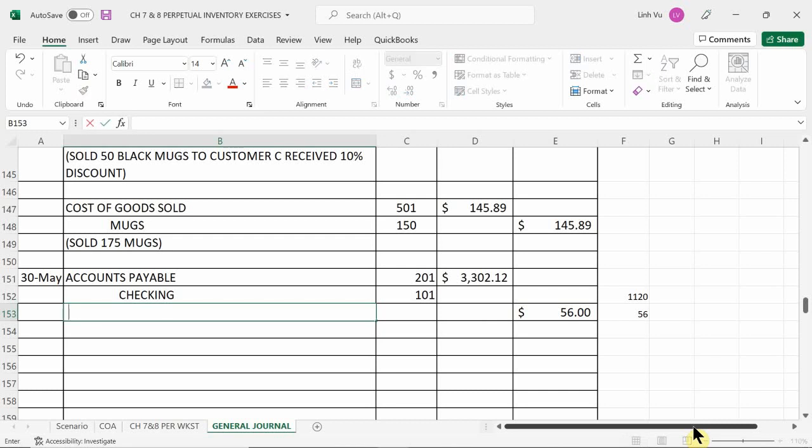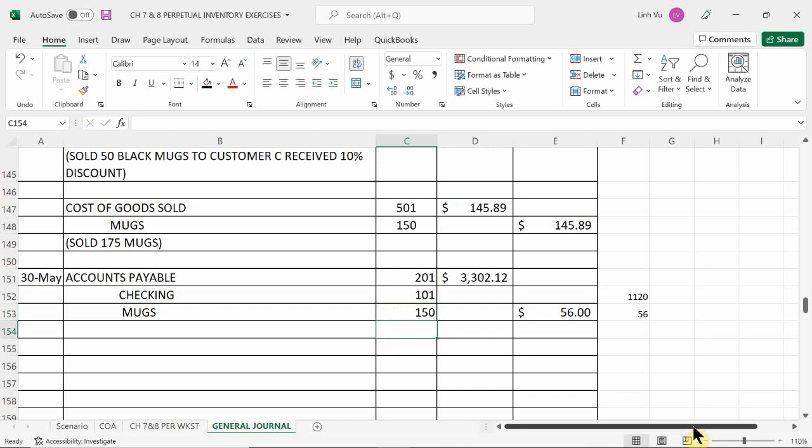Now, because I charged on my account originally the full price of $1,200 for the purchase on May 20th, I need to now discount that by $56. Because I recorded the original purchase at full price, I need to subtract it out from my inventory because I didn't pay full price.